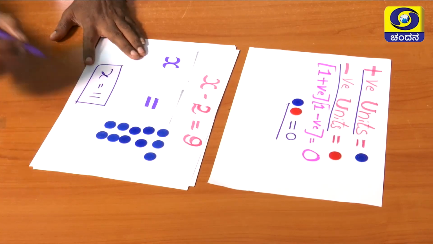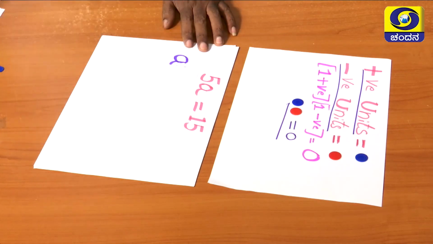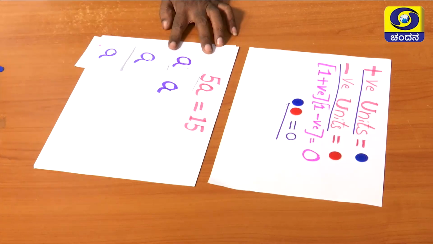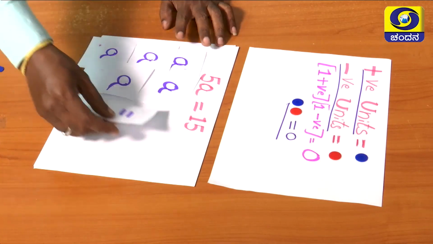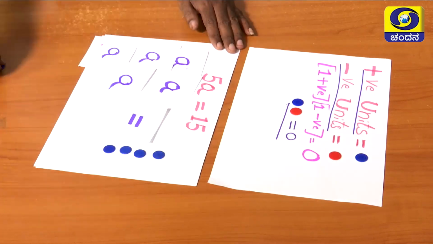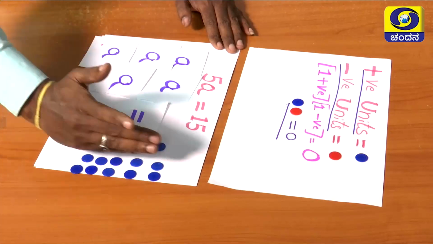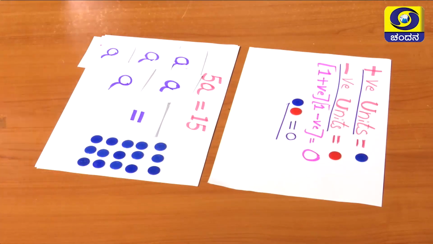Next, 5a is equal to 15. 5a, how many a's? 5. Here 5a is equal to 15. How many a's are here? 5 a's.